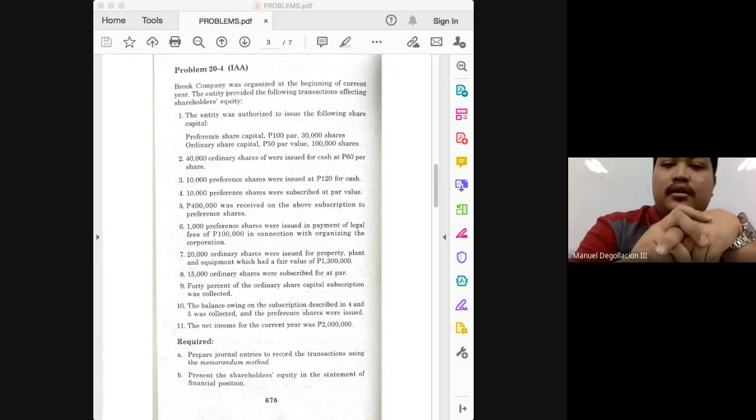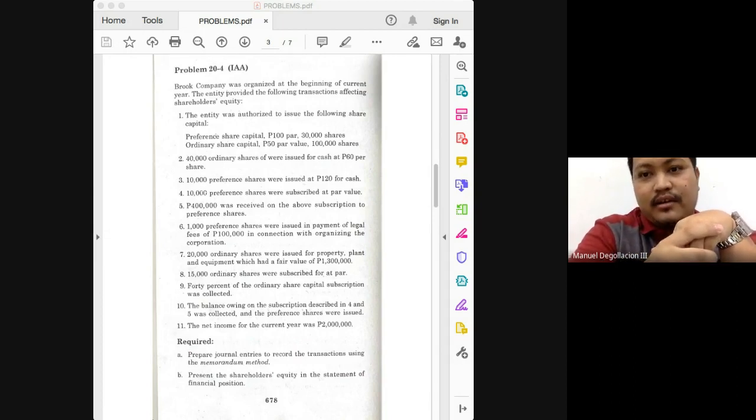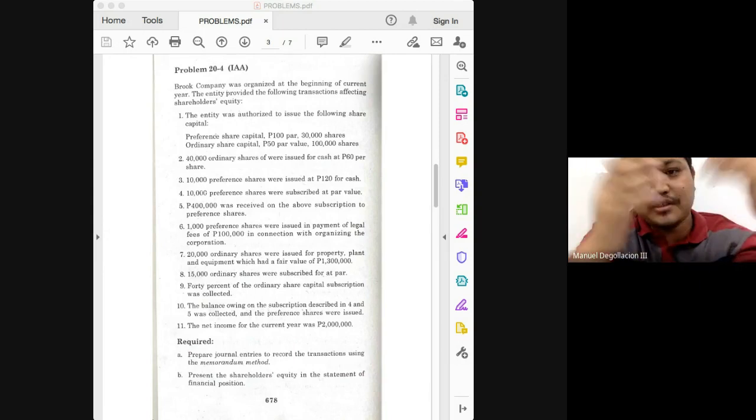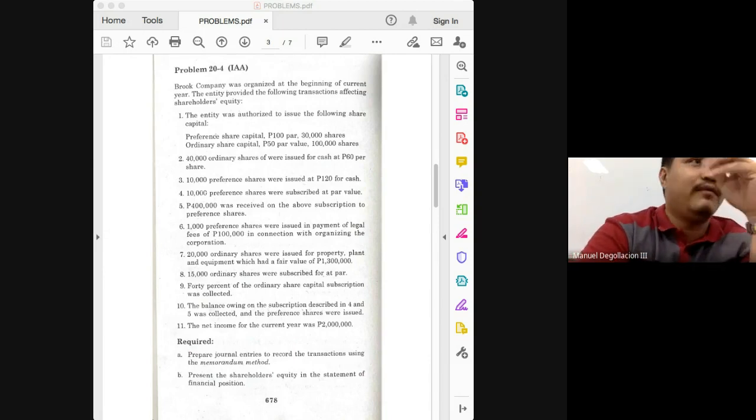How much are we expecting to receive for these shares since they are subscribed at par value? So this would simply be 10,000 times 100, you would get 1 million. So we will have a debit to subscriptions receivable in the amount of 1 million.